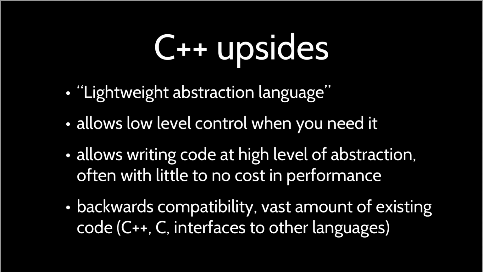And to accomplish that goal, C++ is designed so that you should never have to pay in performance for features you don't want to use. The default way of how you write things in C++ is usually plenty fast already.